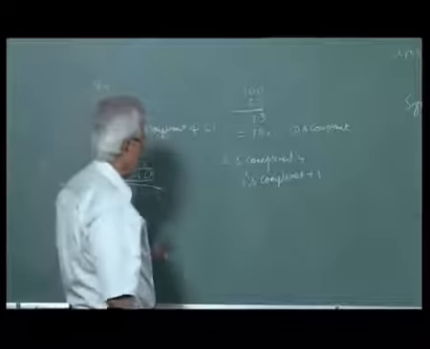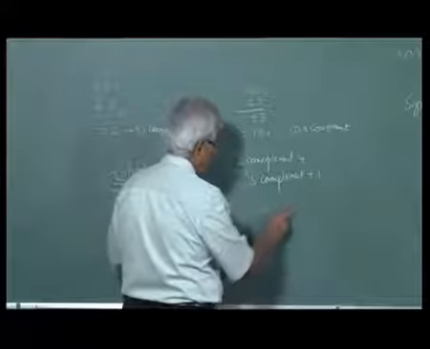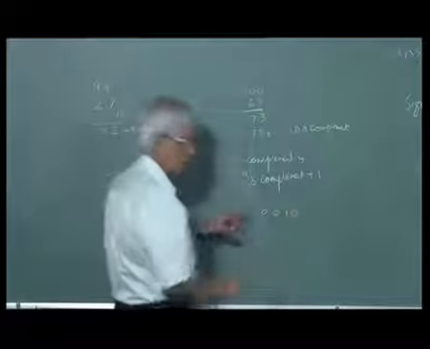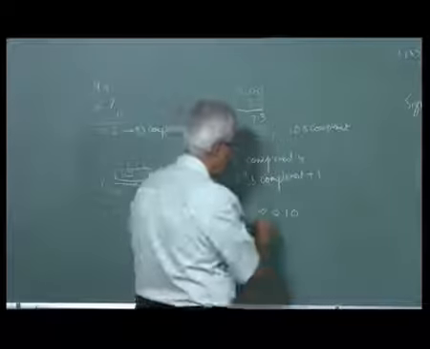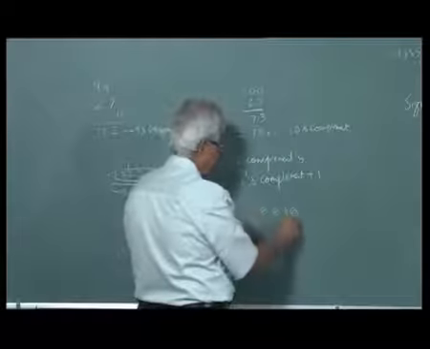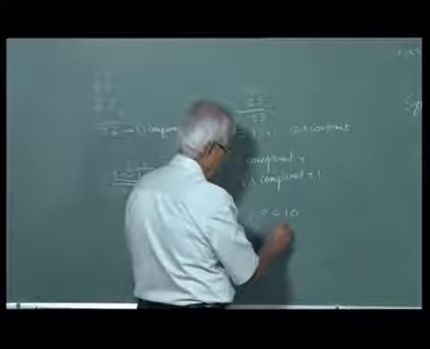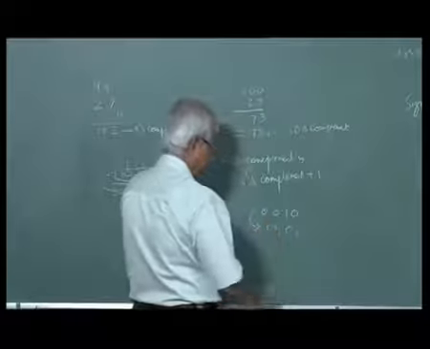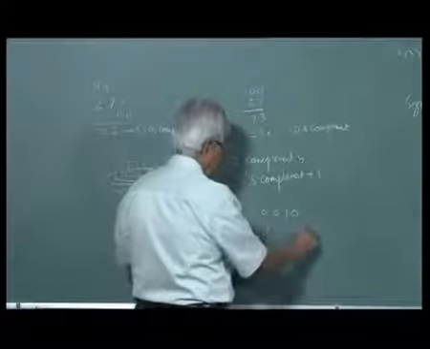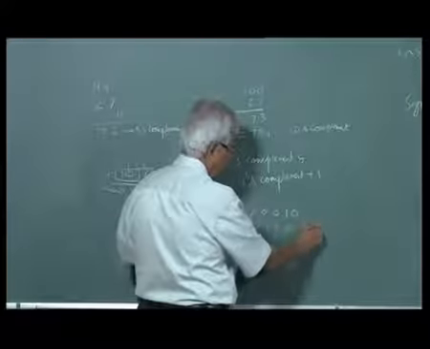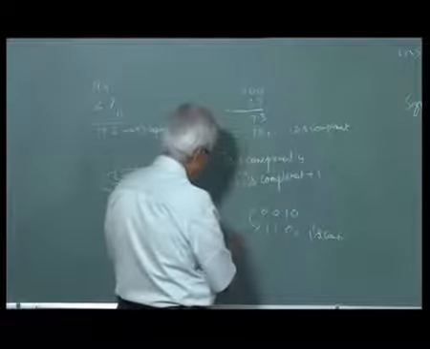So let us again take a 4-bit number. We will consider a positive number 0 0 1 0. Its 1's complement will be, make it negative, this becomes 1 1 0 1. This is 1's complement. Add 1.